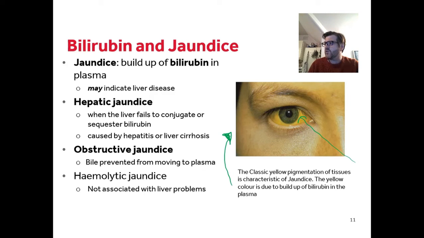And that obstructive jaundice is occurring normally when there's a block in flow in the liver. Jaundice can also occur for other reasons, such as hemolytic, or bursting of blood vessels, and that's often an immune type reaction. It's not associated with liver problems.